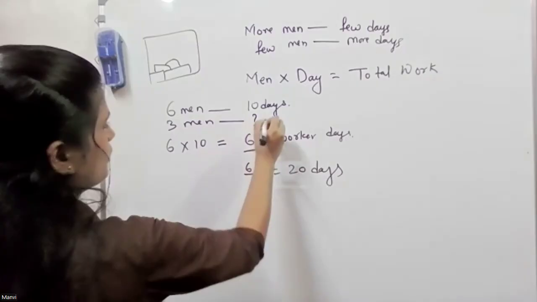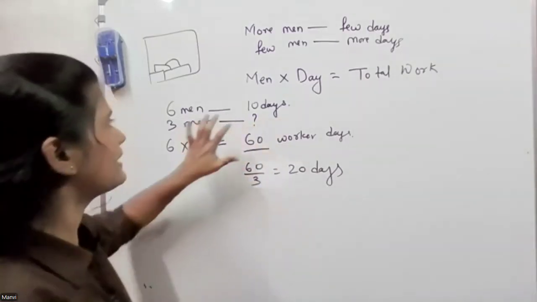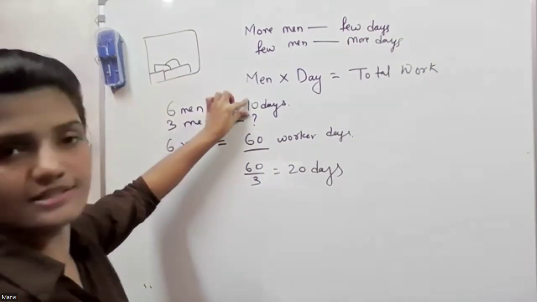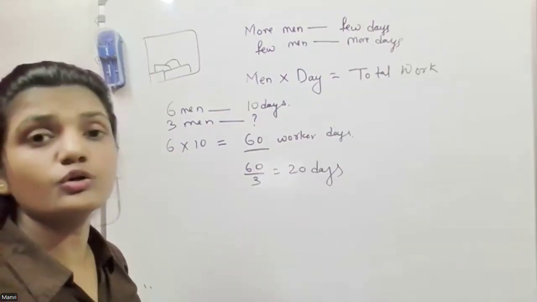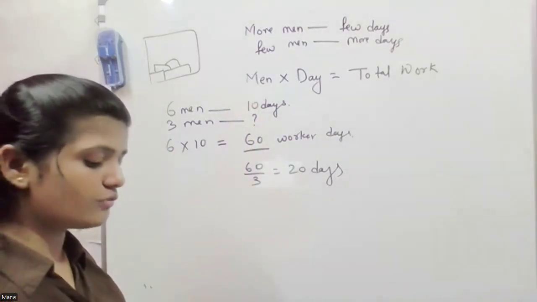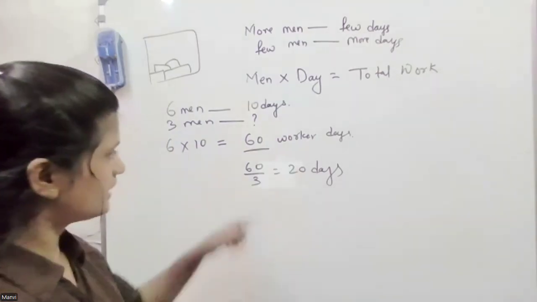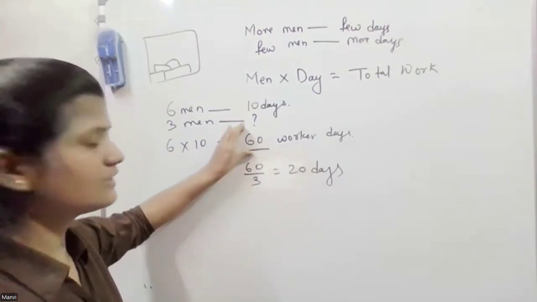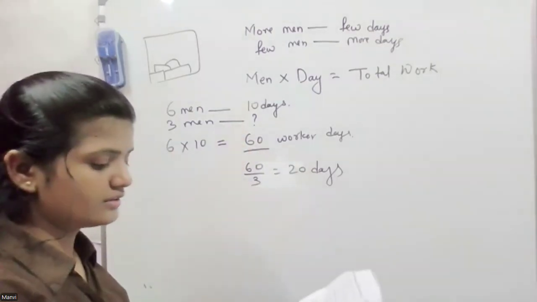We want to complete the same work in 20 days, so how many workers are required? Divide the total worker days by the days, which is 3.